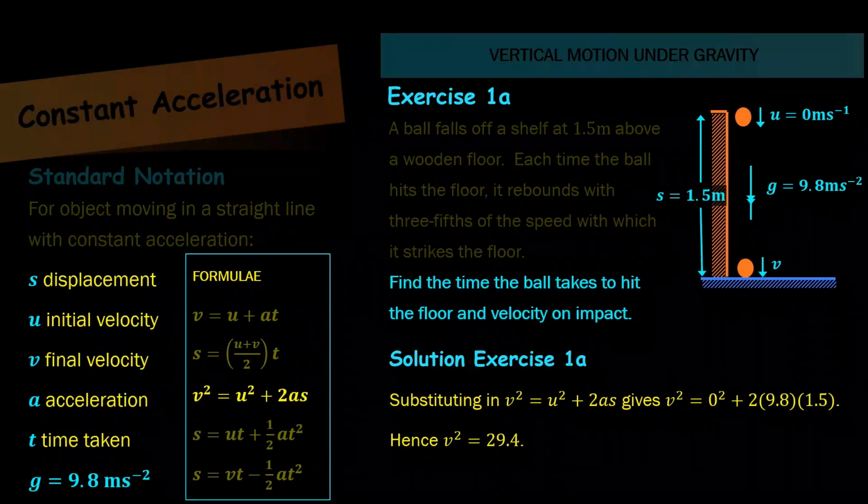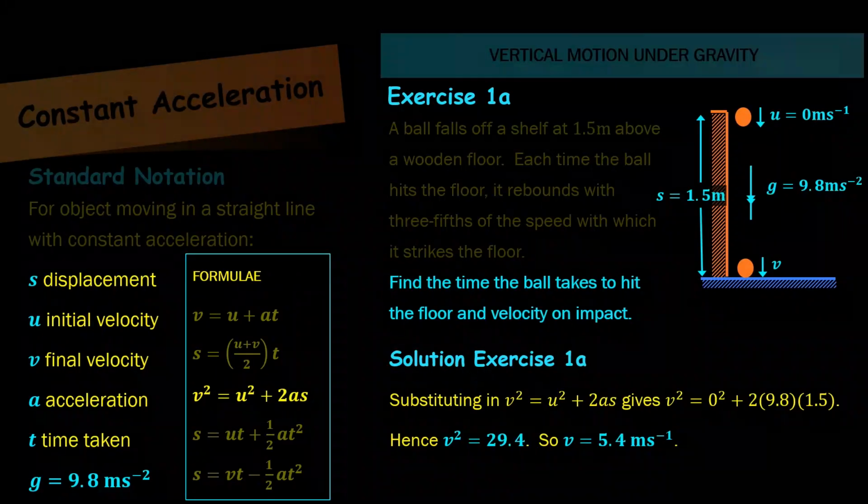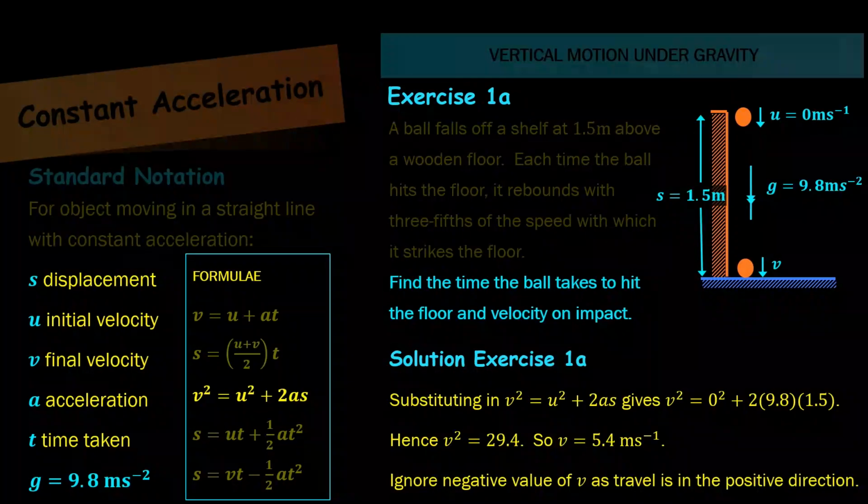And calculating gives us v squared equals 29.4. Therefore, v equals 5.4 meters per second. We're going to ignore the negative value of v as travel is in the positive direction.